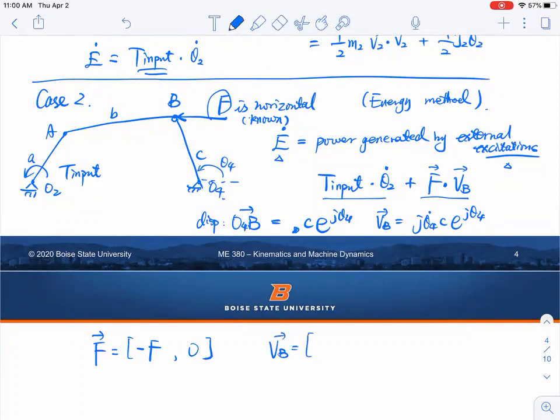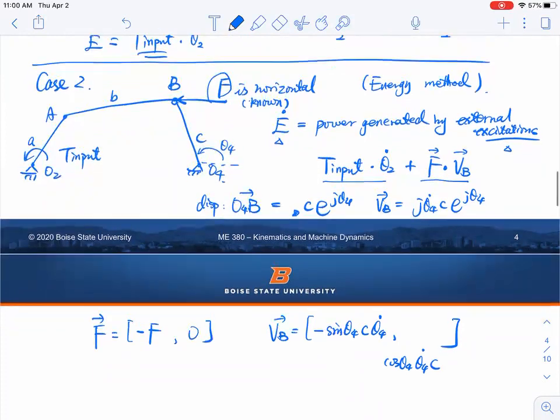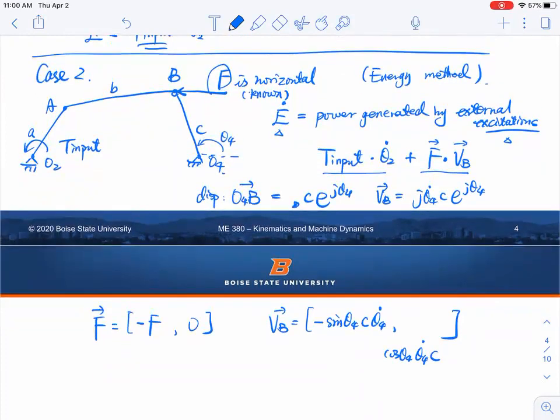So the first term is the real part. That's going to be minus sine theta 4 c theta 4 dot. And then the second one is going to be the imaginary part. So that's cosine theta 4 c theta 4 dot. And then what you do is you just multiply the entries one by one.